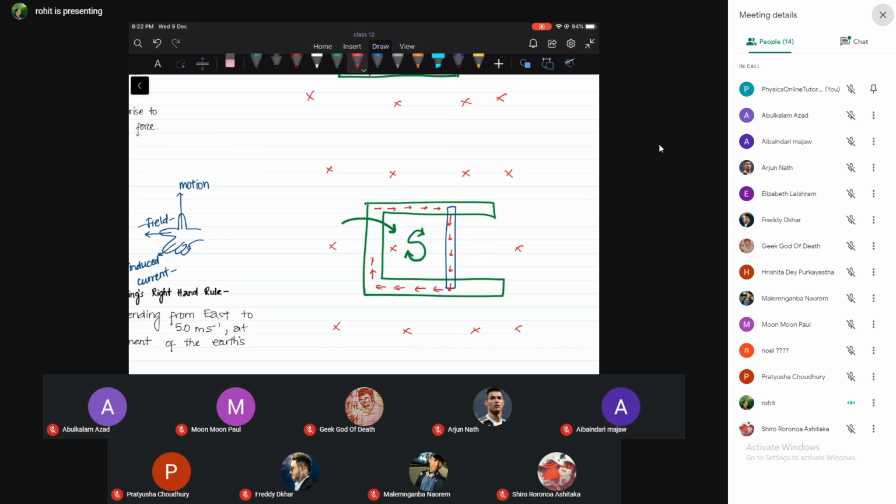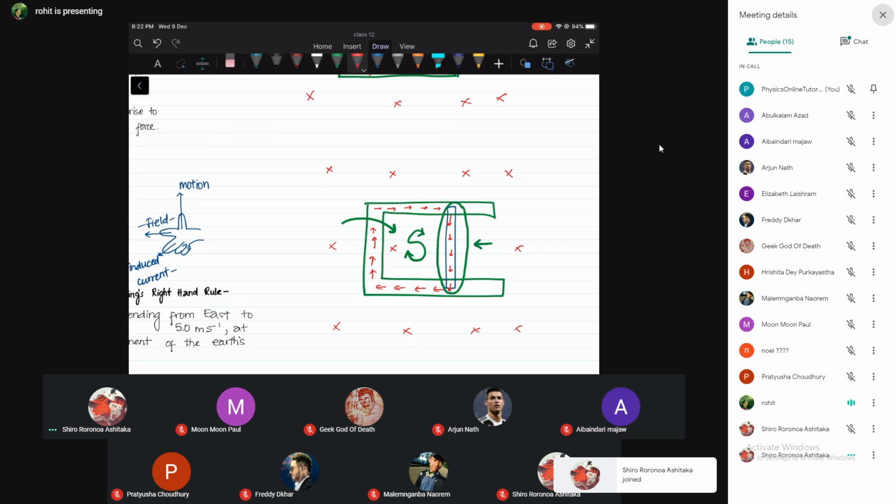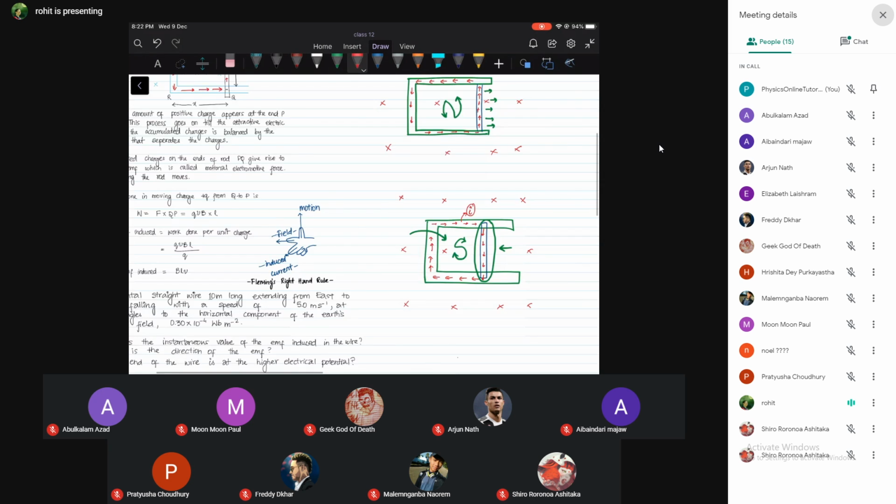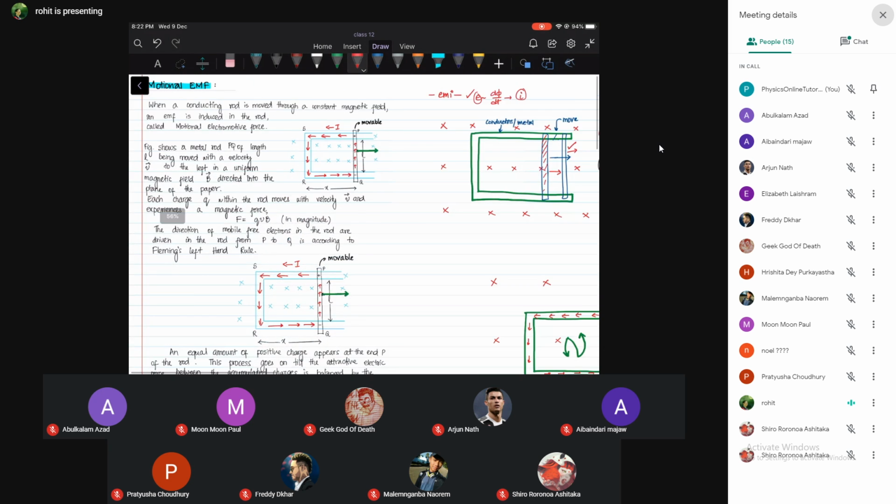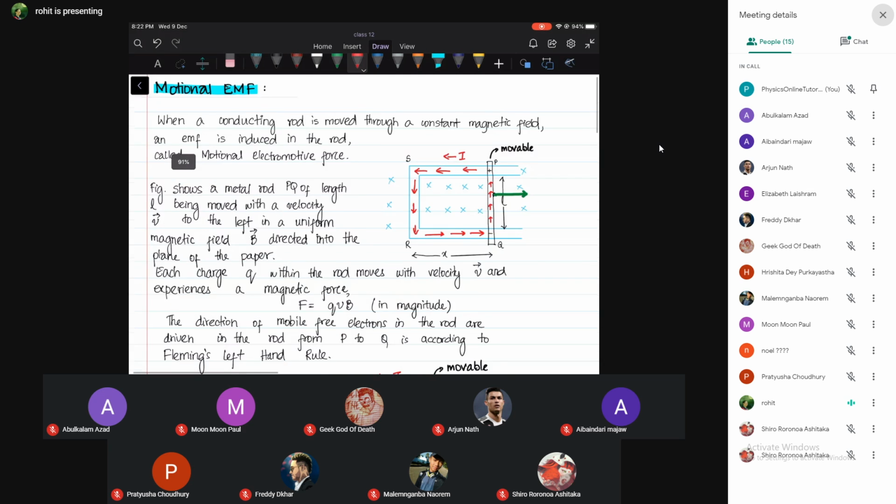Okay, so again I'm telling you what is happening here. Because of the motion of this conductor, I'm repeating again, which I brought from here to here, a current is generated, and that current is called induced current, and that EMF that we are generating right now, we call it induced EMF. I'm going to show you the direction of EMF. How do we talk about that? But that is what motional EMF is. Okay, so here, I'm just writing a definition of that, then I'll proceed.